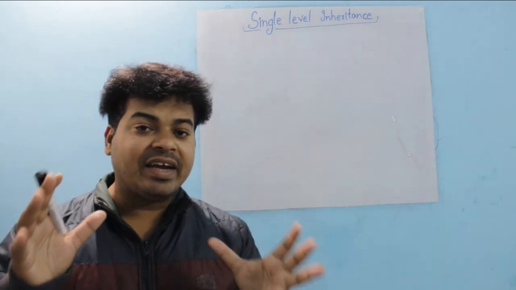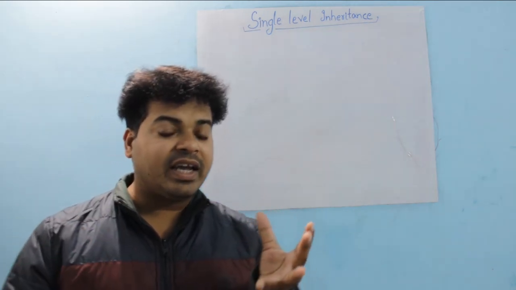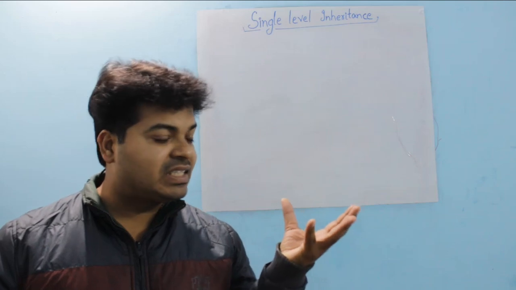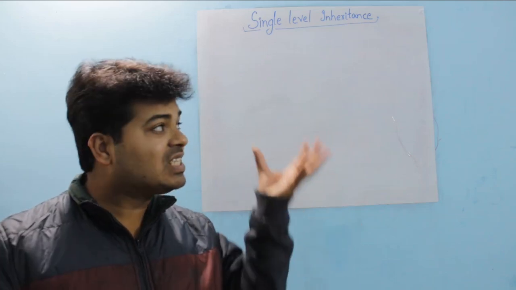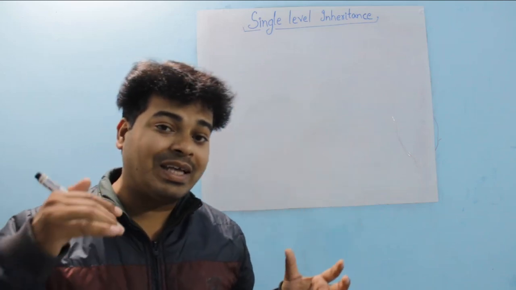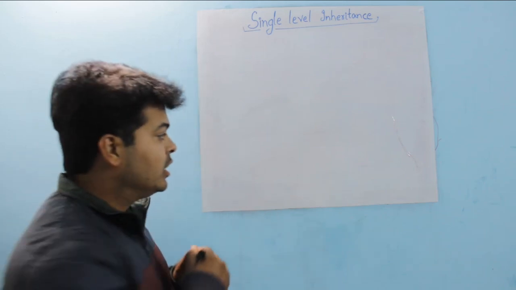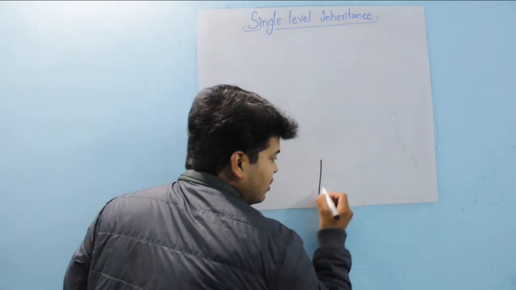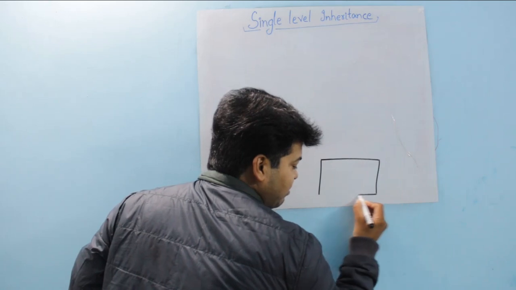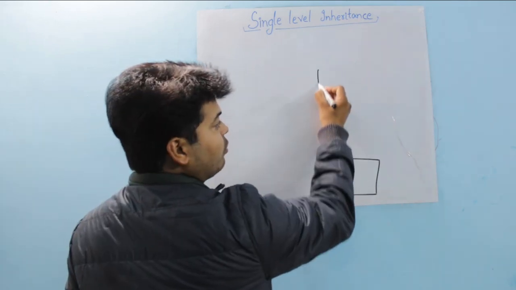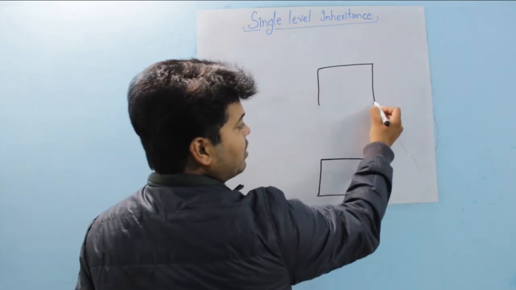Single level inheritance says that inheriting the properties in the subclass from a single superclass is called single level inheritance. You have two classes, one is your subclass and the other is your superclass.